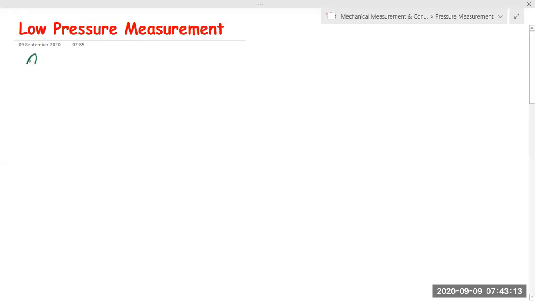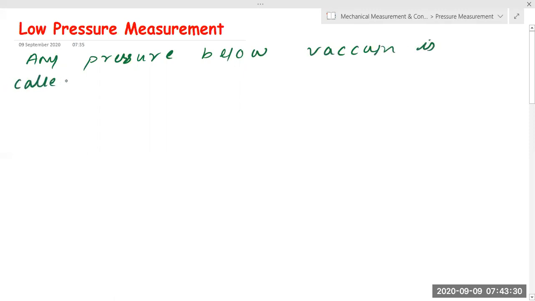Any pressure below the vacuum is called low pressure, or vacuum pressure is called low pressure. First thing to know.